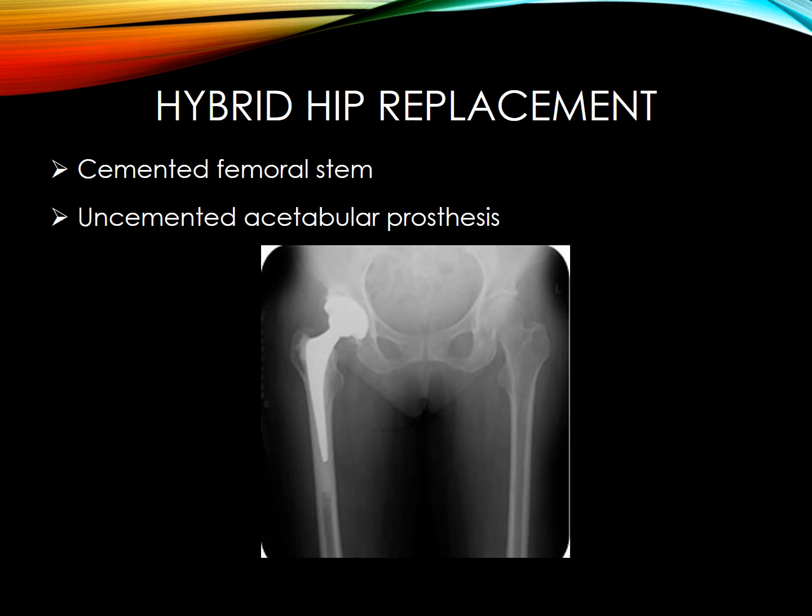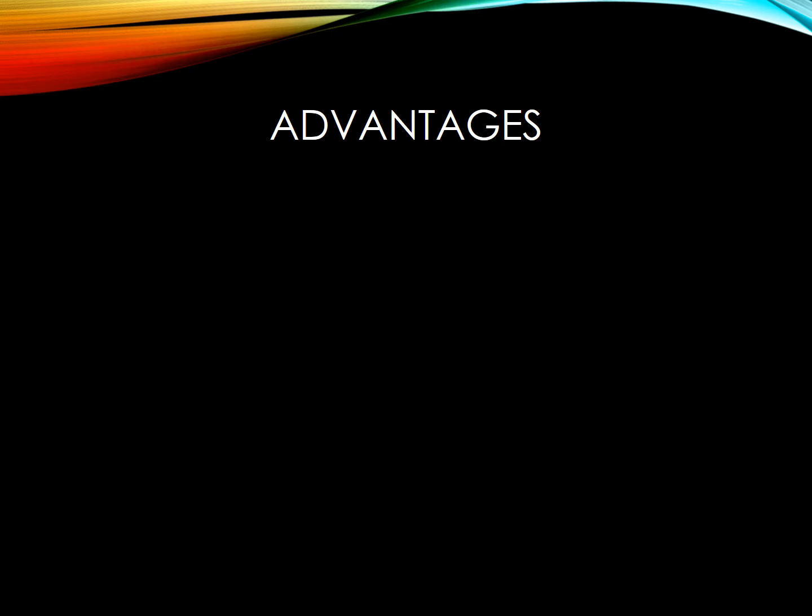So, this slide on hybrid hip replacement shows a cemented femoral prosthesis and an uncemented acetabular prosthesis. So, why is a hip replacement so successful? It's because it relieves pain, and in many patients almost totally, to the point that they completely forget that they've had a hip replacement.